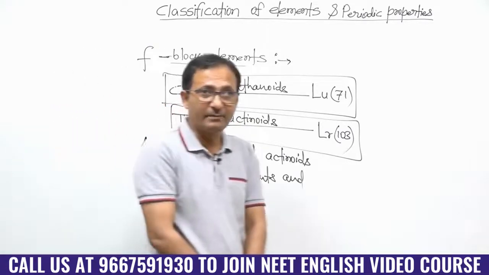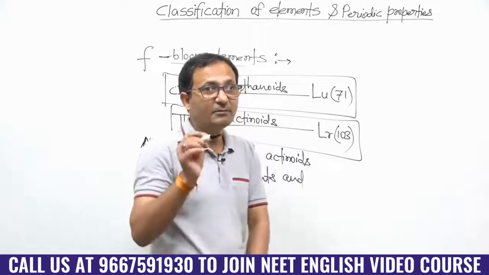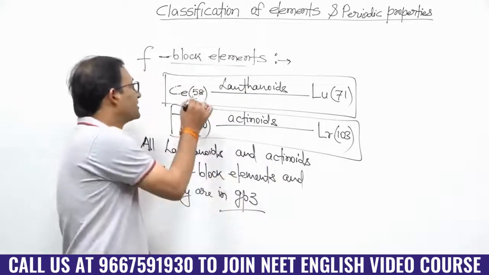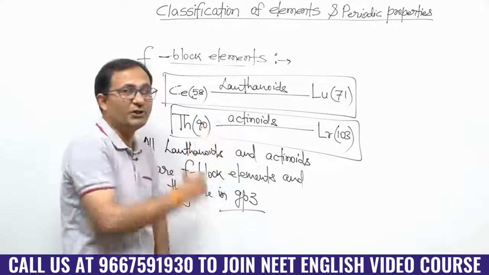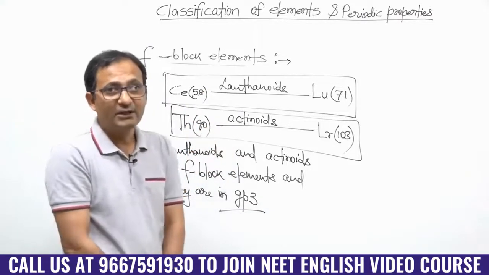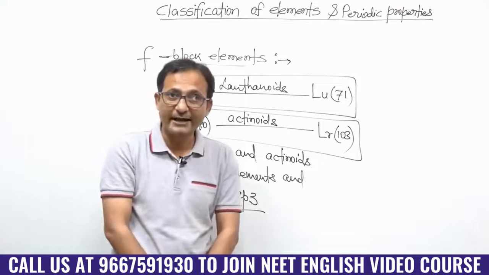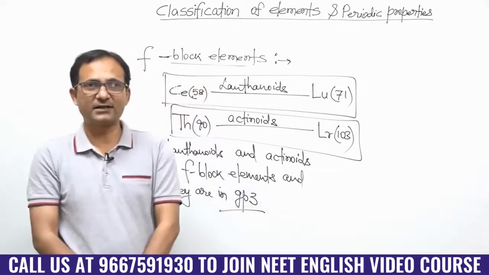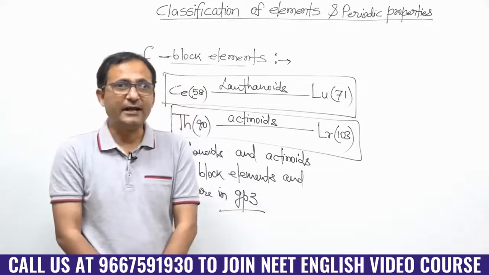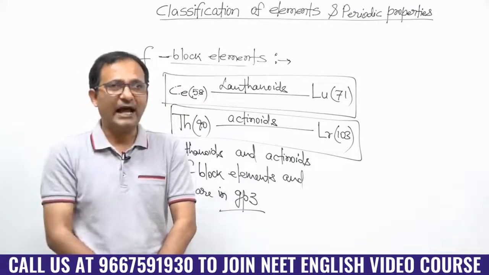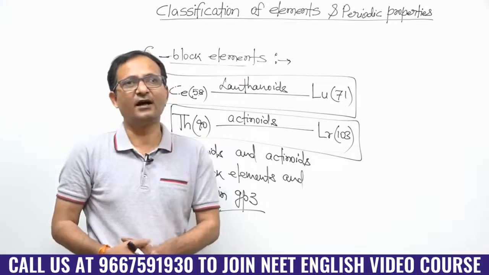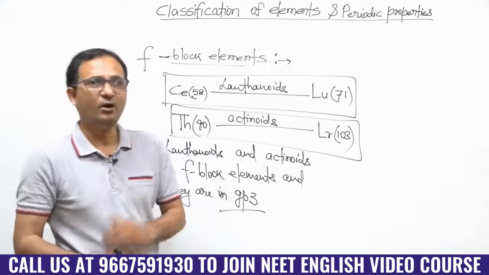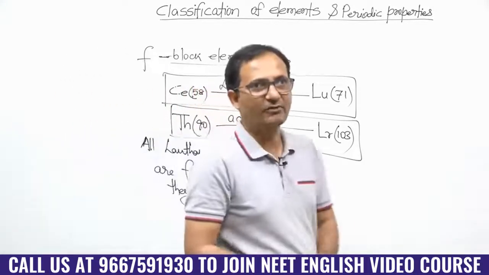If the atomic number of the given element falls in this category, from 58 to 71 or 90 to 103, then they will be either lanthanoids or actinoids, and therefore their block will be f and group number will be 3, irrespective of the electronic configuration of that element, right?